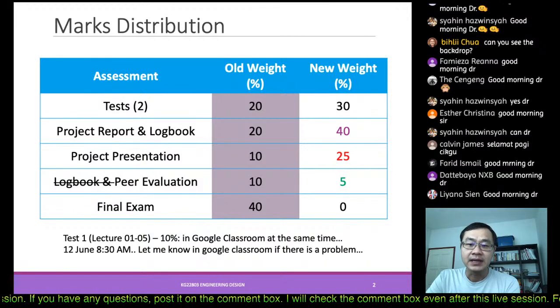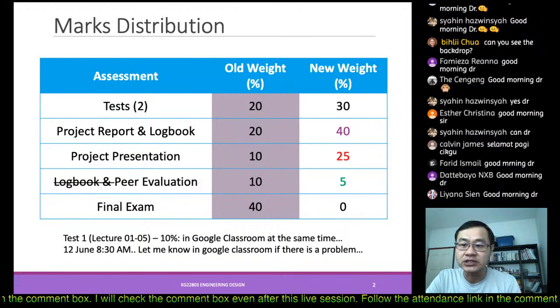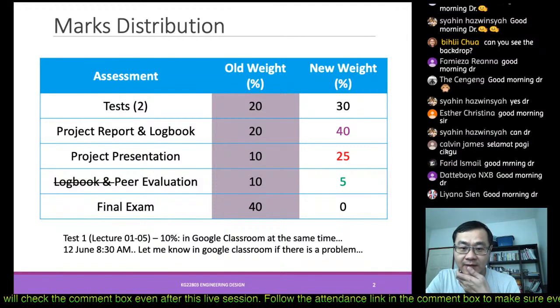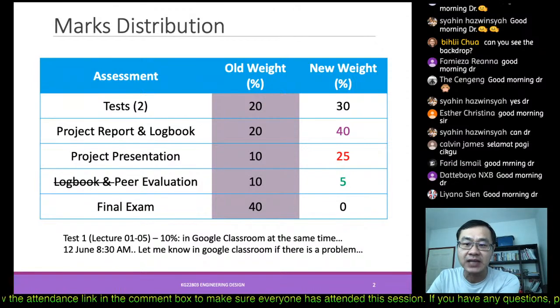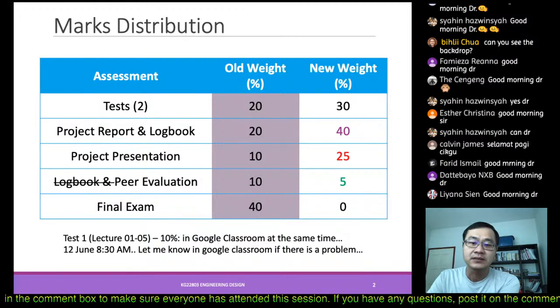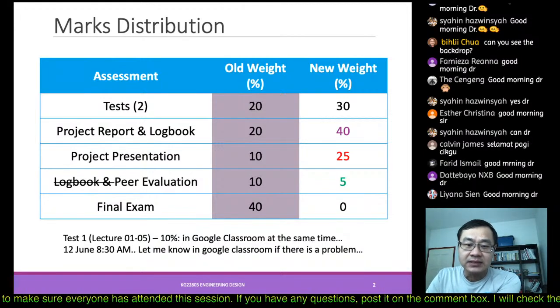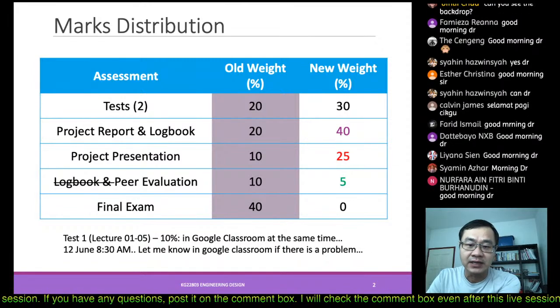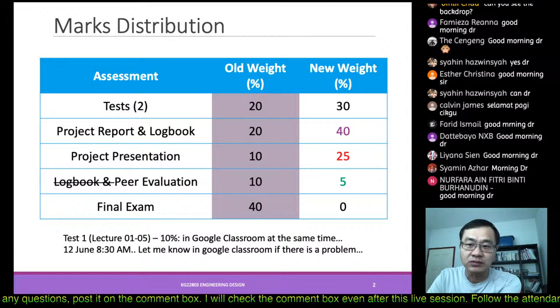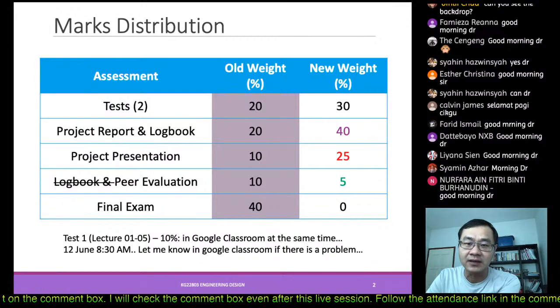At the same time I will give you more instructions from time to time on how we will run the test. For this test everyone must come at the same time, 8:30 next week. If you have problems with the connection or anything, let me know before that, so that we can adjust and see how we can proceed.